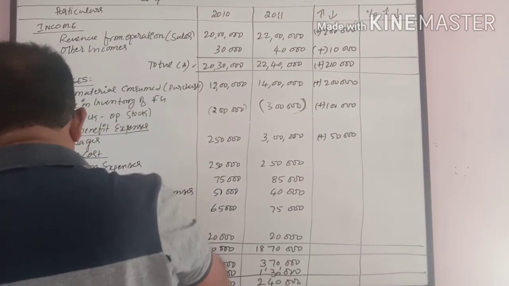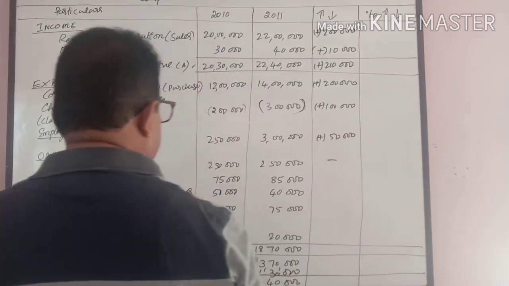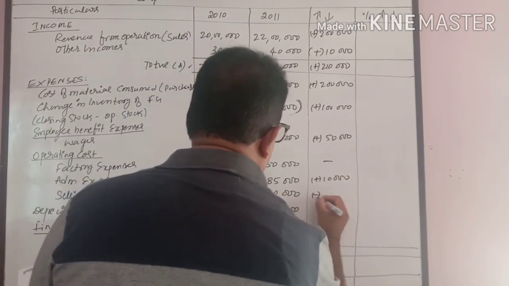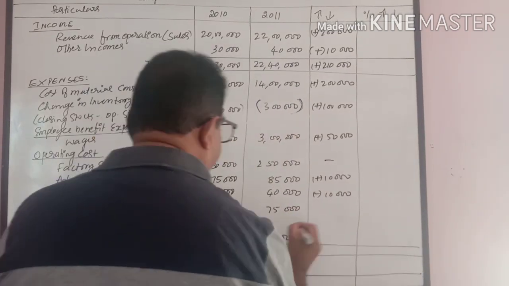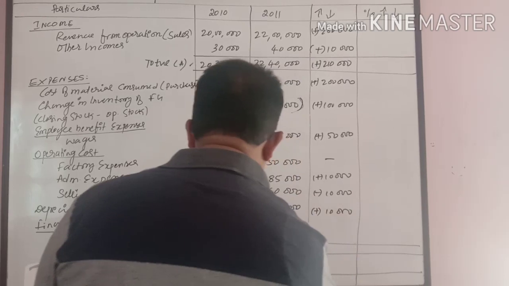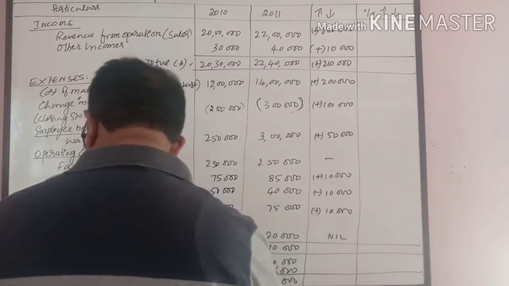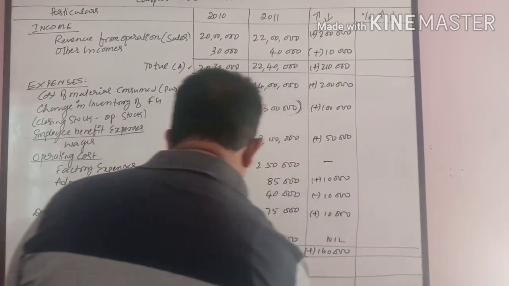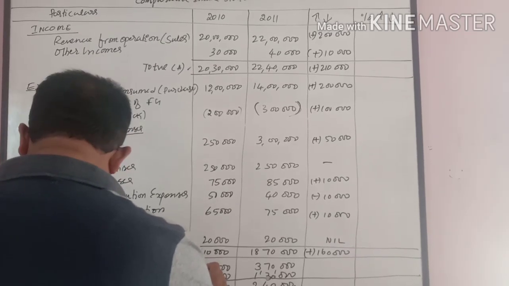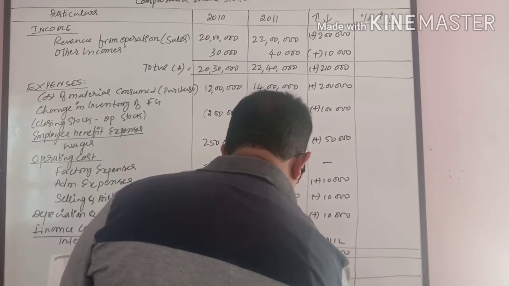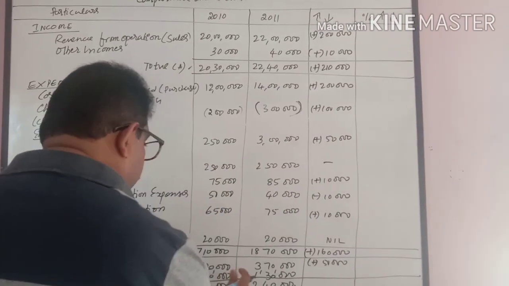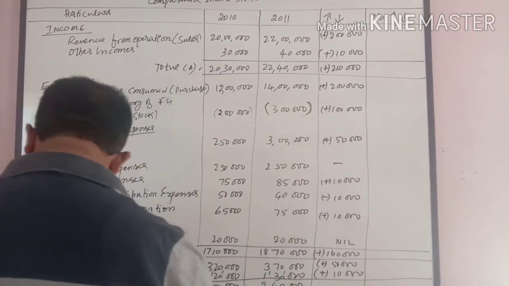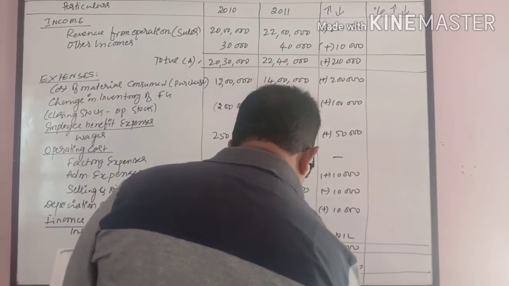Right? 2 lakh 50, no changes. 85 minus 75 plus 10,000. 40 minus 50 minus 10,000. 75 minus 65 plus 10,000. 20 minus 20, nil. 18 lakh 70 minus 17 lakh 10 plus 1 lakh 60,000. 3 lakh 70 minus 3 lakh 20 plus 50. 1 lakh 30 minus 1 lakh 20 plus 10. 2 lakh 40 minus 2 lakhs comes to plus 40.